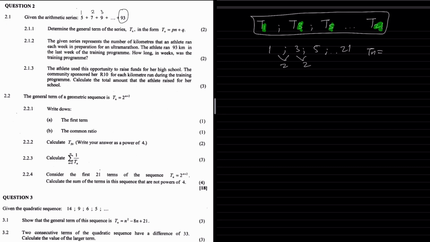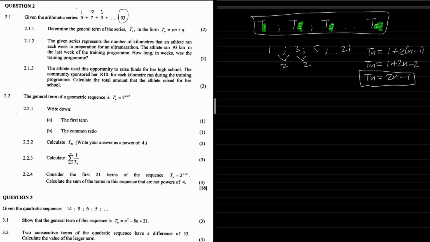So Tn is equal to 1 plus 2 into n minus 1. Rather, we're solving for n. So Tn is equal to 1 plus 2n minus 2. Tn is equal to 2n minus 1.